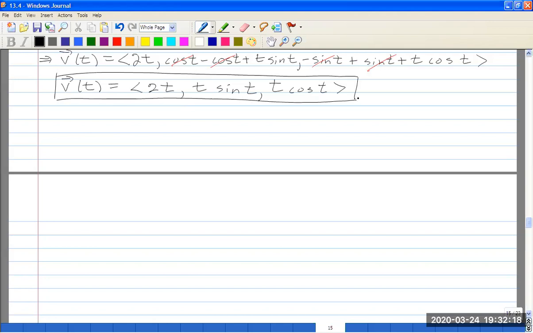Let's find the speed. And so let's take the norm of velocity. So again, let's do the dot product. So the norm squared: 2t squared plus t cosine t squared plus, oops, that's a t sine t squared.